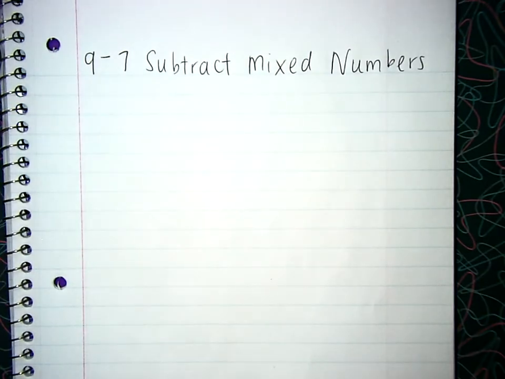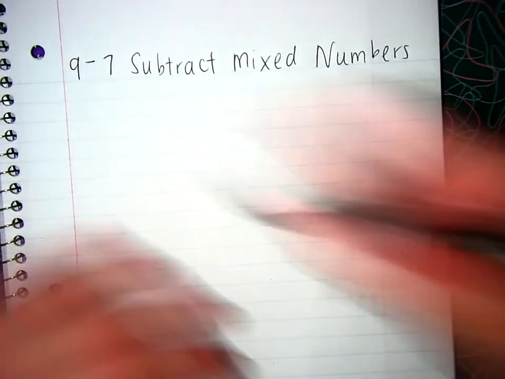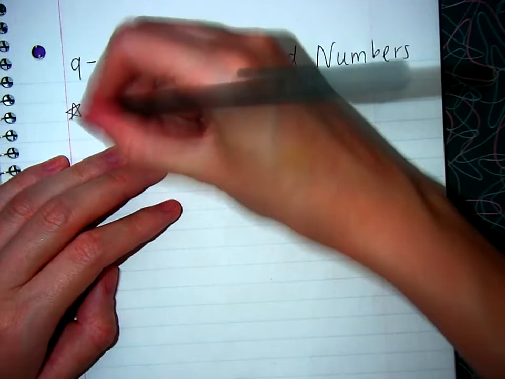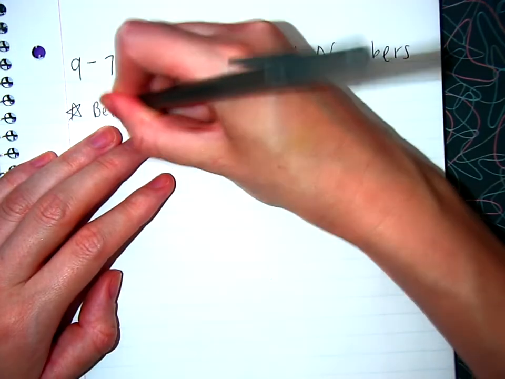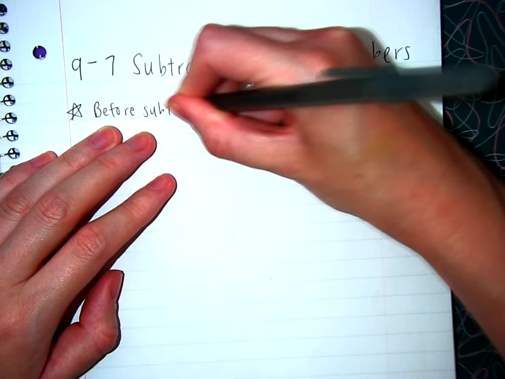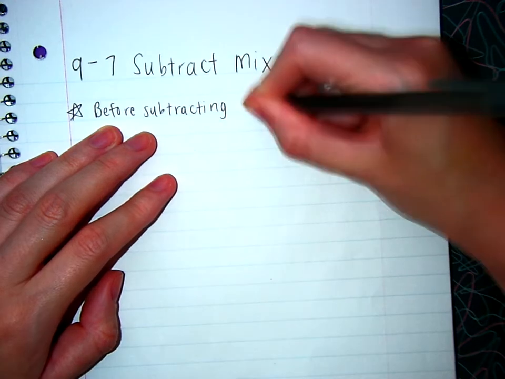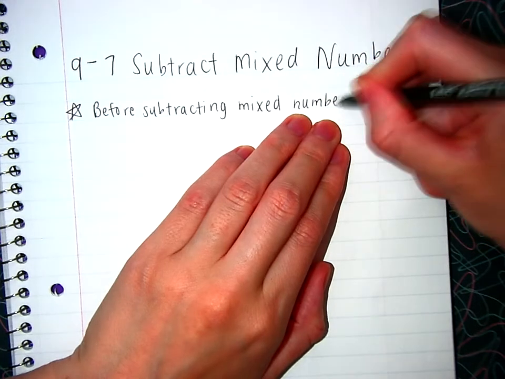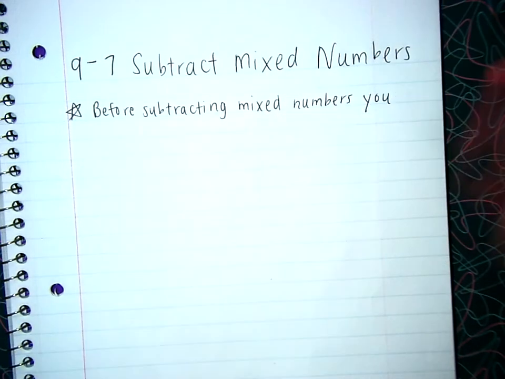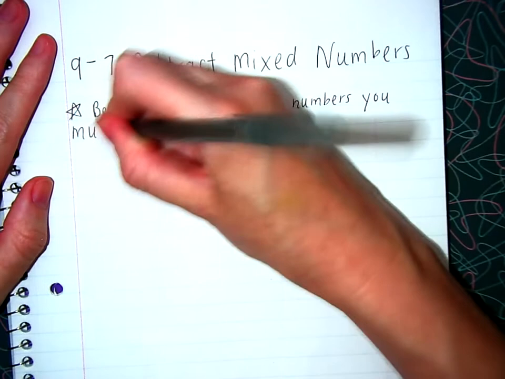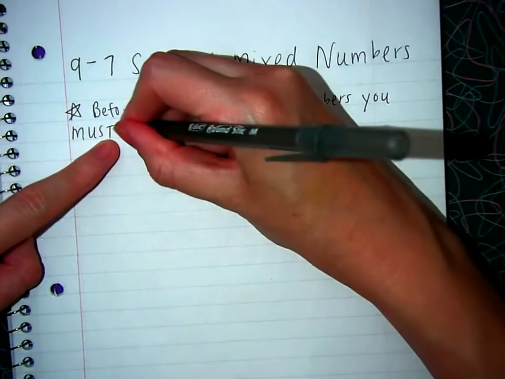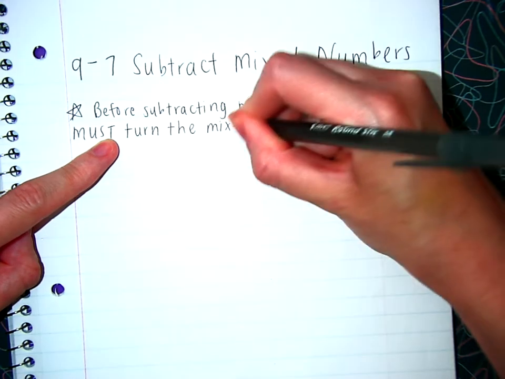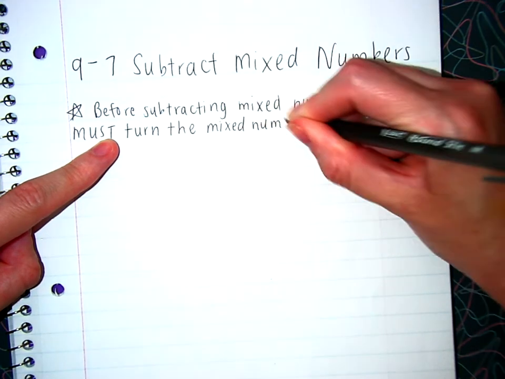So what you have to do, let's say for your star, which is the most important, is before subtracting mixed numbers, and the must is in all caps because it's the most important, you must turn the mixed number into an improper fraction.